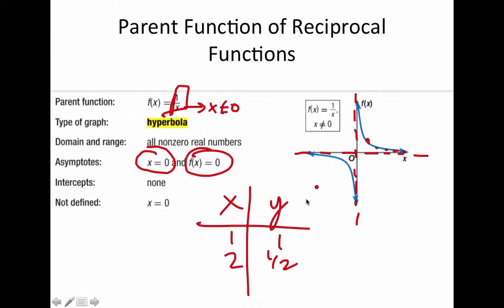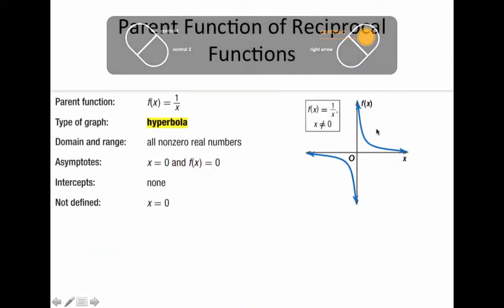And then how come we go up here? Start putting in fractions. If you put in 1/4, you flip that over and you get 4. 1 over 1/4 is 1 times 4, and you get 4. So (1/4, 4) is somewhere in here, and that's why it goes up. So that's how that whole thing works.